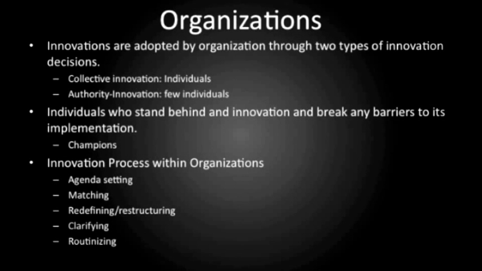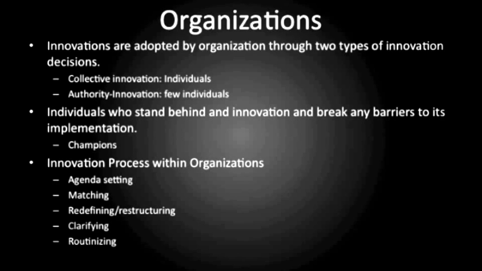New innovations are adopted by organizations through two types of innovation decisions. The collective innovation, when an adoption of innovation has been made by a consensus among members of an organization, or through authority innovation, when the adoption of innovation has been made by few individuals with high positions of power. Within the innovation decision process, there are individuals who stand behind the innovation and break any barriers to its implementation, known as champions.